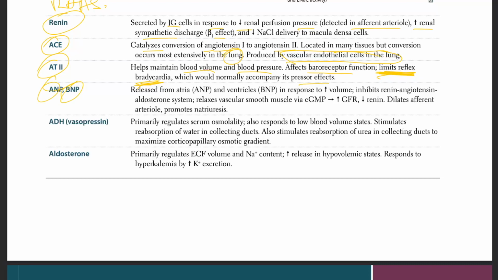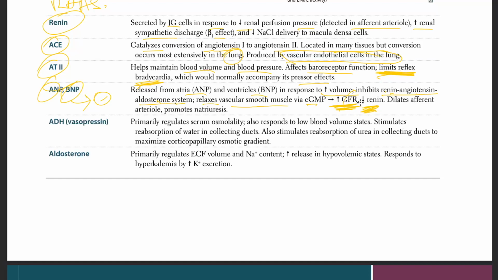ANP and BNP levels: ANP is released from the atria and BNP from the ventricle in response to an increase in volume. These guys are going to inhibit your RAAS, which is the renin-angiotensin-aldosterone system. They relax vascular smooth muscle via cyclic GMP, cause an increase in GFR and a decrease in renin.